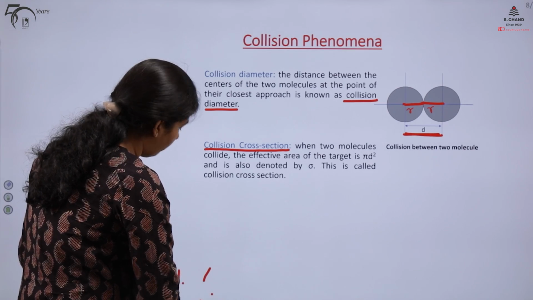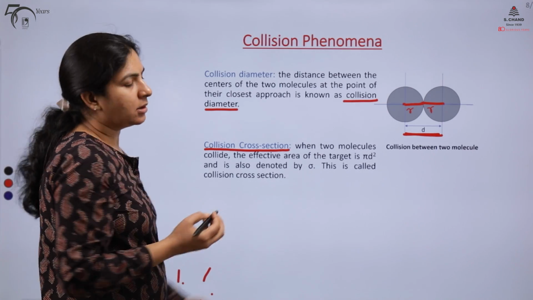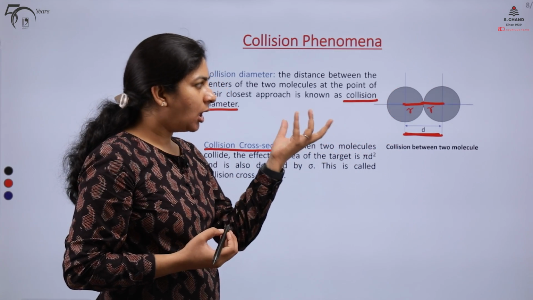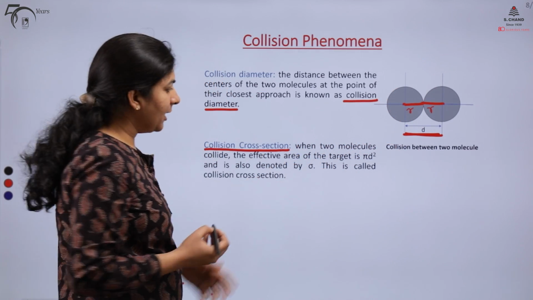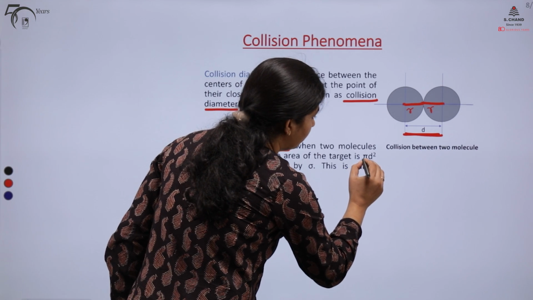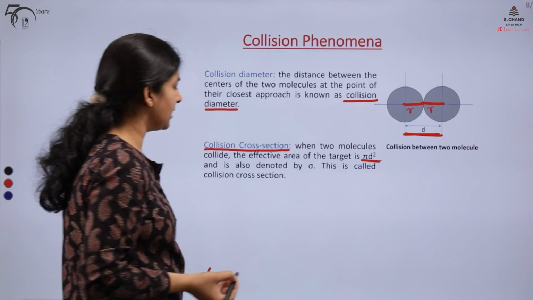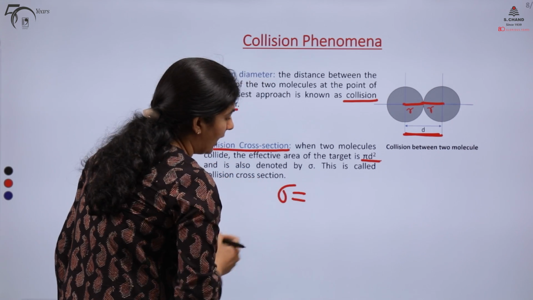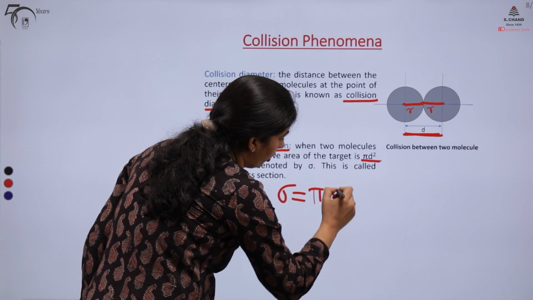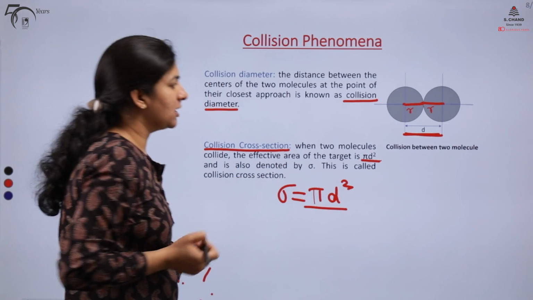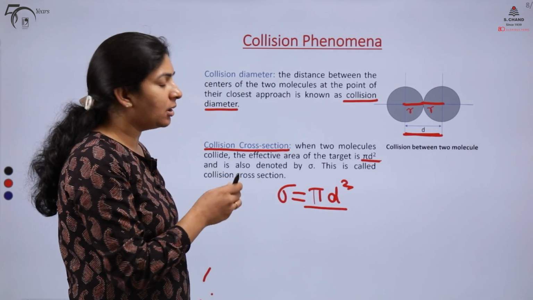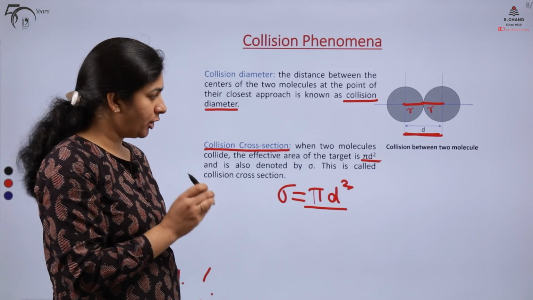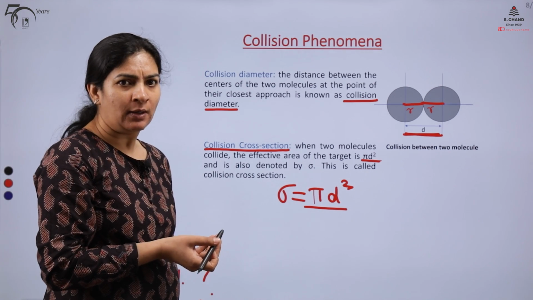It is simply, if we consider a sphere of radius d, we will be able to have this surface area, this effective area, which is defined as collision cross section. So this is basically the region, the effective target area, where the collision between the two molecules would happen.